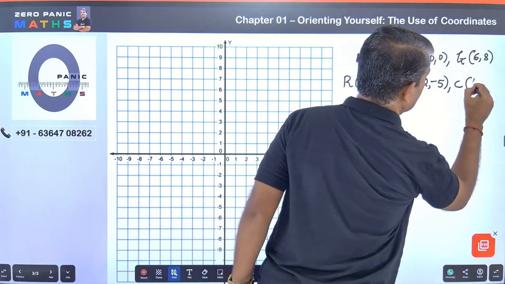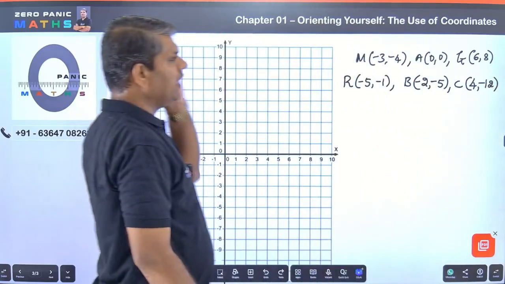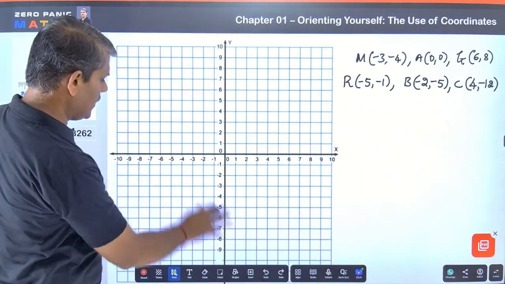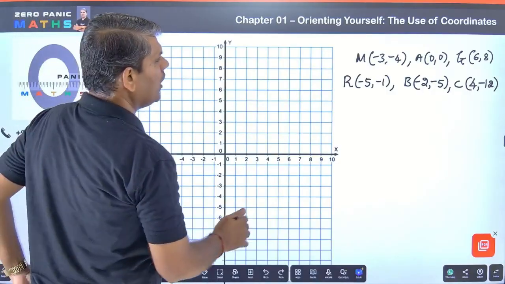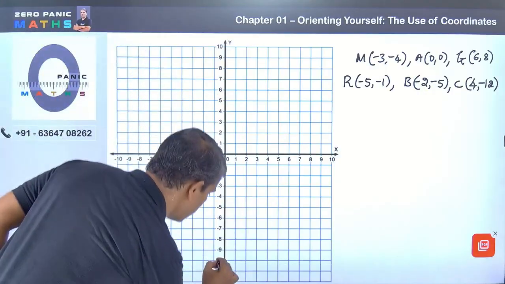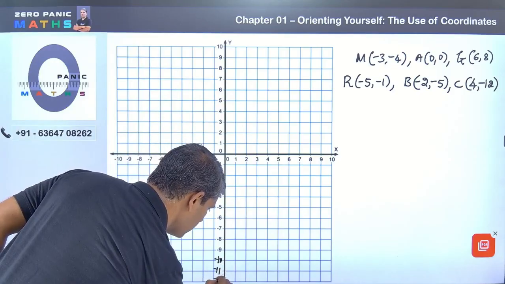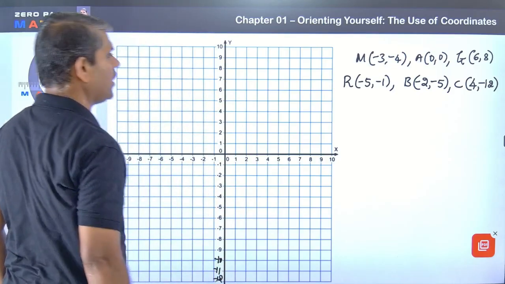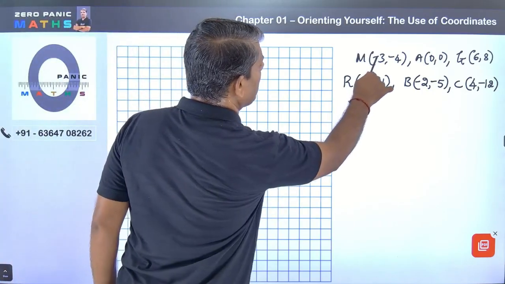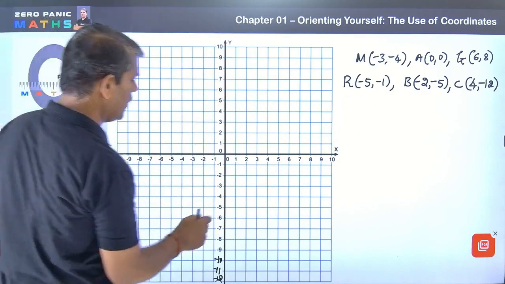Now let us identify these coordinate points on this graph. It goes till minus 12, so let me write minus 10, minus 11, and minus 12. First the coordinates of the first three points.